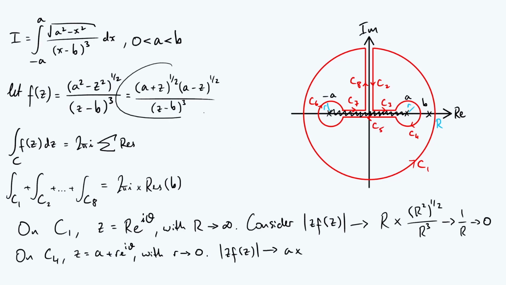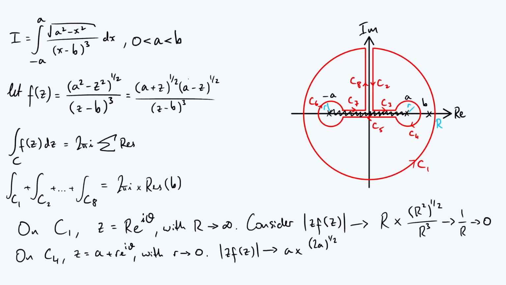Now I'm going to look at this factorized version of f of z for evaluating f of z on C4. The first term on the numerator is a plus z. That's the same as 2a plus r e to the i theta. And again, that's going to go to just 2a, because the r e to the i theta term goes to 0. So that's 2a to the power of a half, first of all.